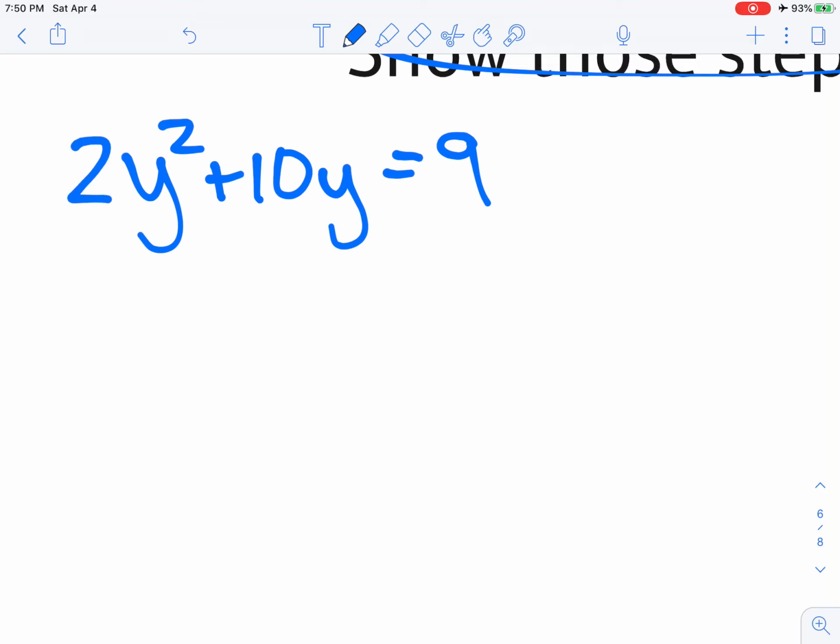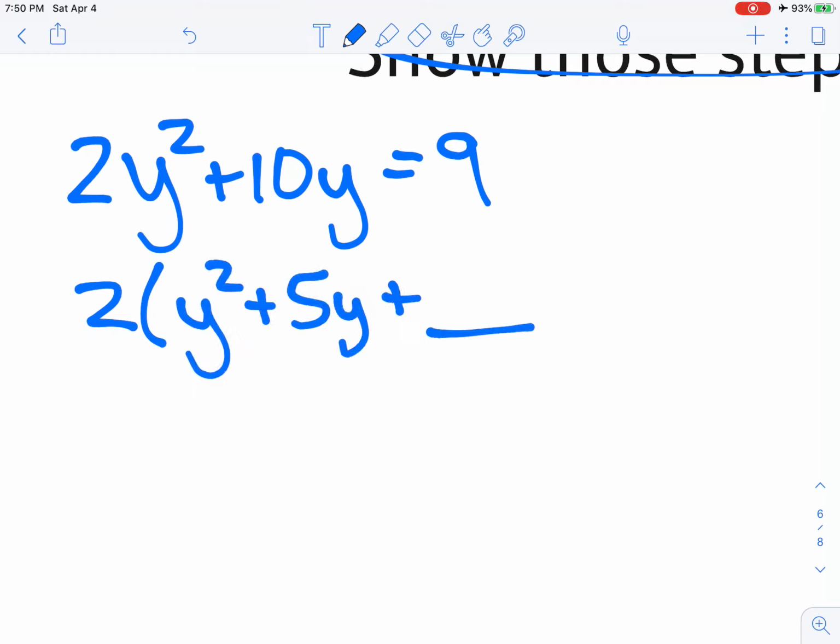Actually, you know what? I'm going to put a 2 out front to make it more of what we're doing on this. So if I took out a 2, I would get y squared plus 5y plus blank.